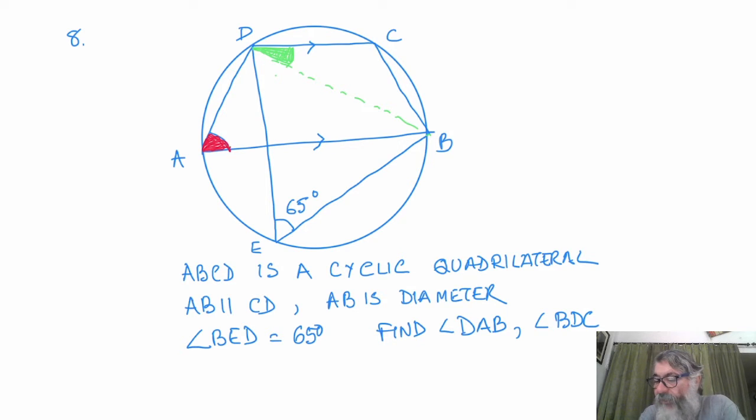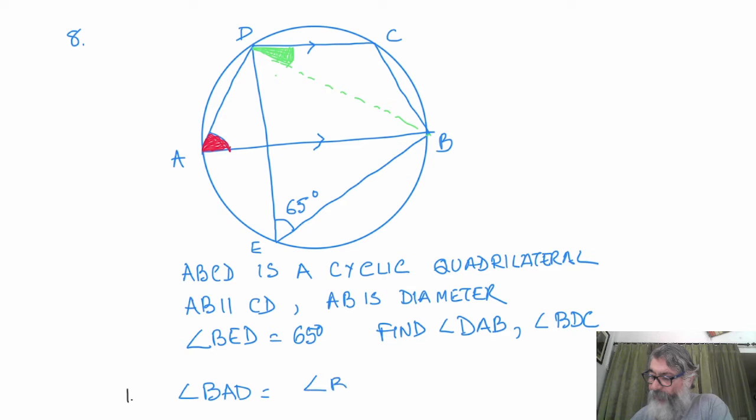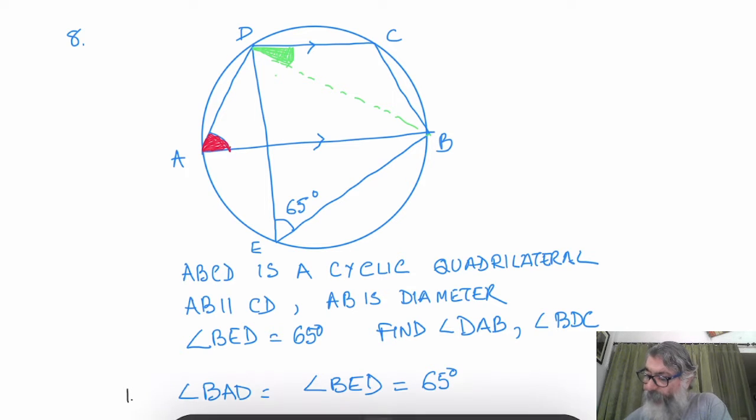Now I have colored the angles which we have to find. What is given is already written. Angle BED is 65, so angle BAD will also be 65. Angle BAD will be equal to angle BED, which is 65 degree.